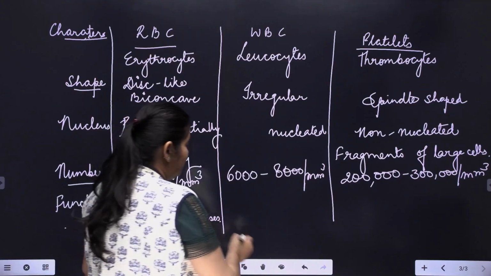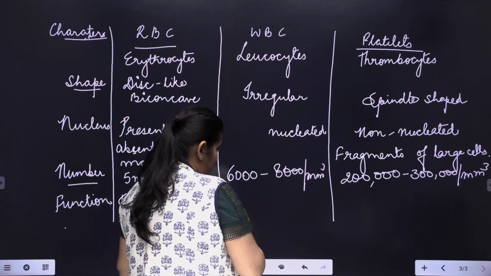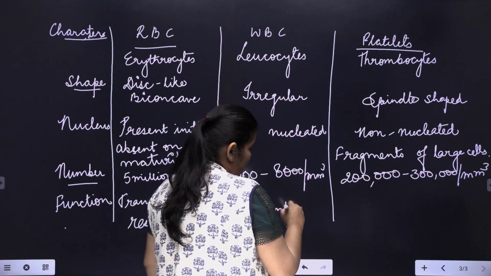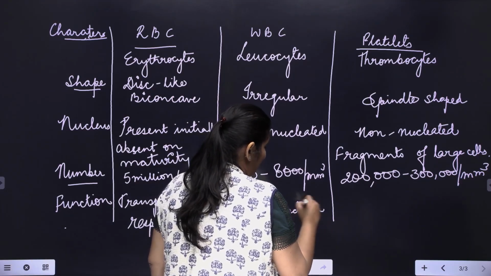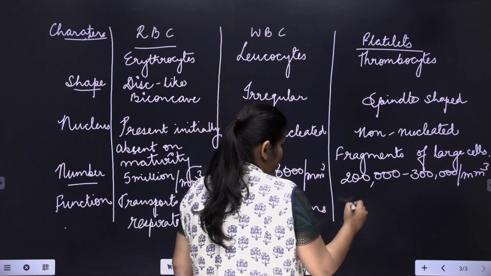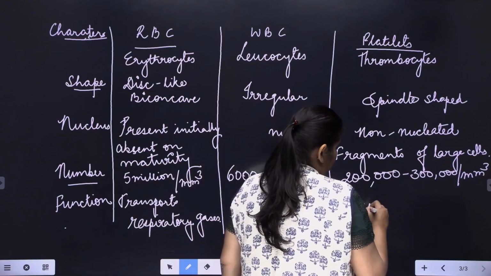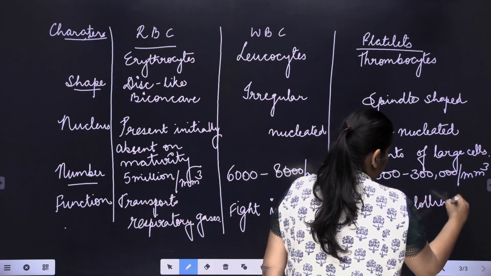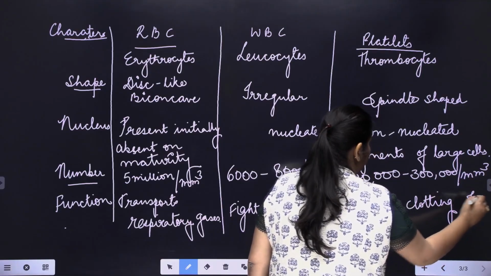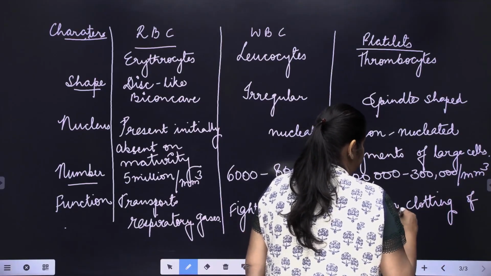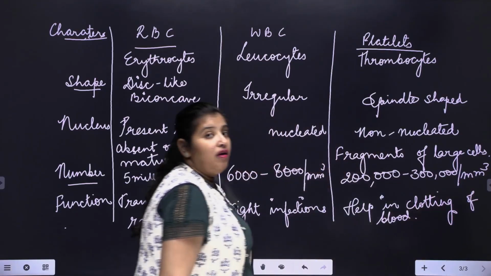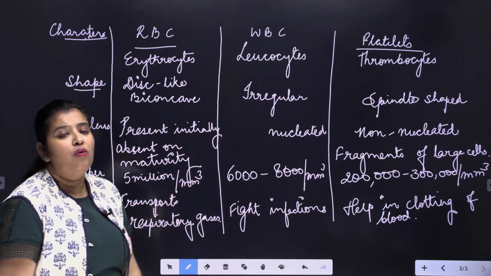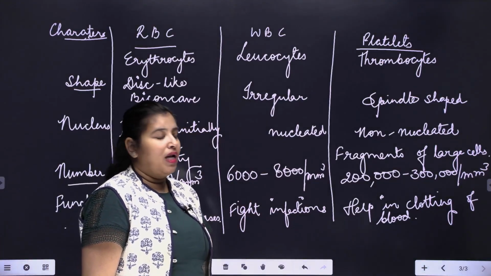The WBC fights infections, and the platelets help in clotting of blood. So these are the different functions of the different types of cells which are present in blood.